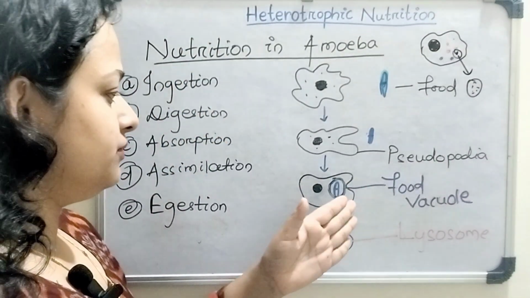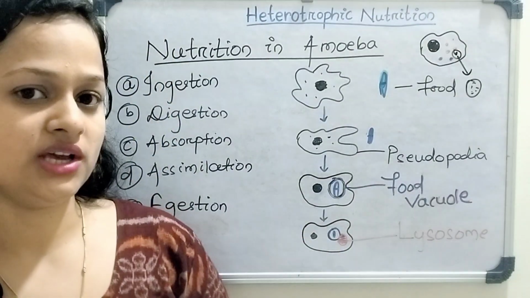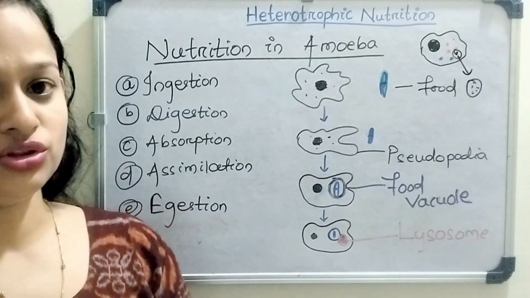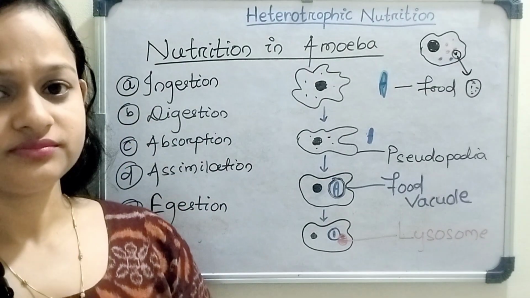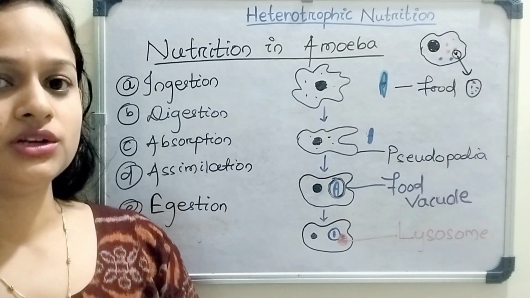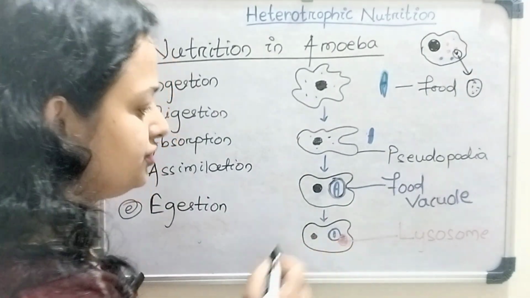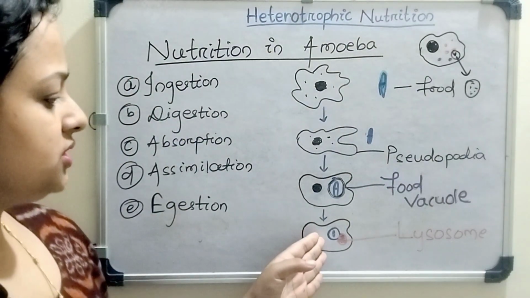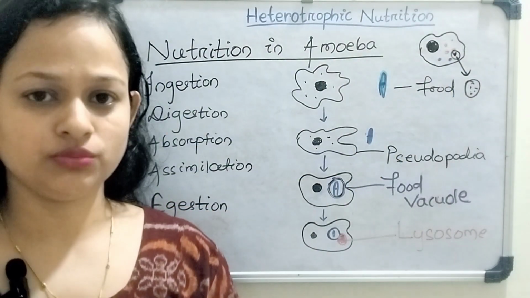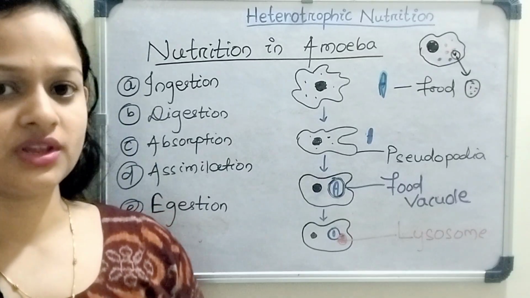After that, the food vacuole gets mixed with the lysosome. As the lysosome secretes the lysosomal enzyme, it helps in the digestion process. After the digestion, the digested food has to be absorbed. So, the digested food will come out of the food vacuole into the cytoplasm, and from the cytoplasm it will be absorbed for different types of activities.